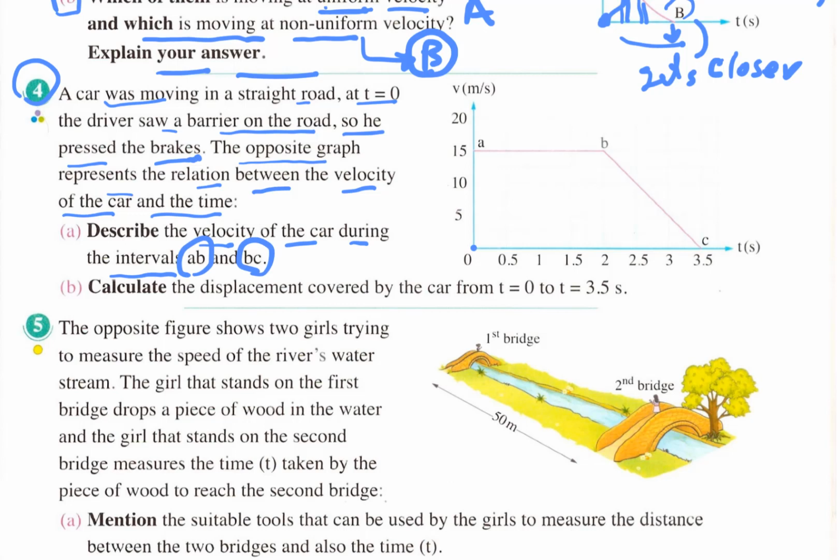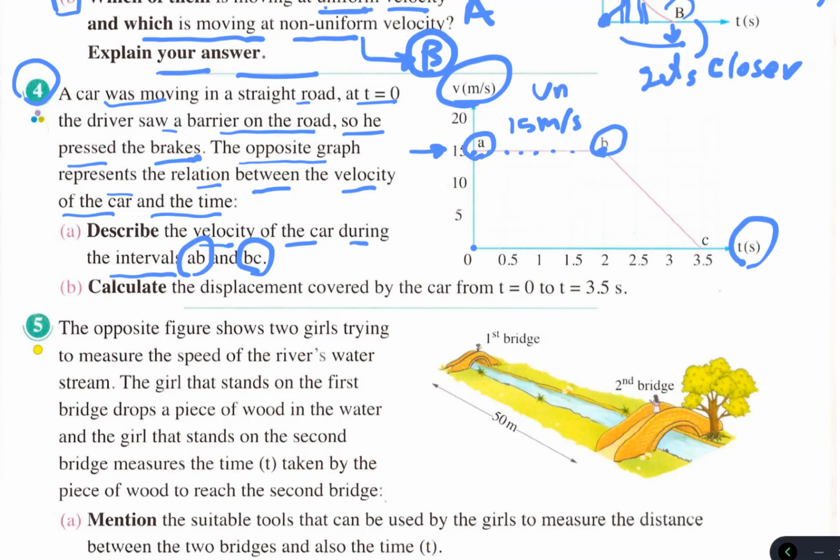For AB, as you see, the graph between velocity and time, take care. The velocity is constant, 15 meters per second. So the velocity between the points A and B is uniform, 15 meters per second.